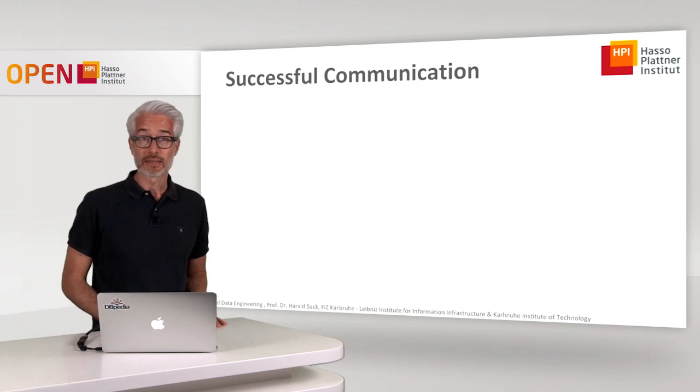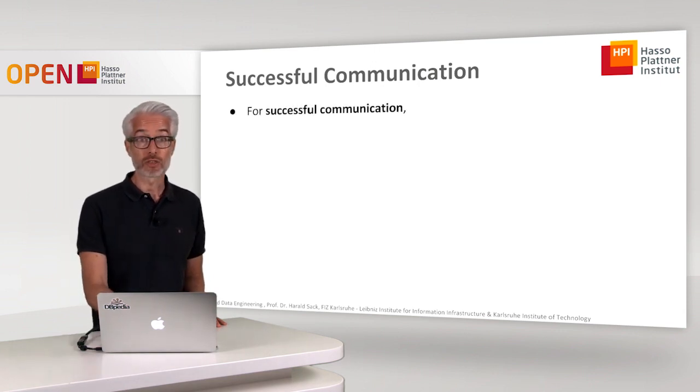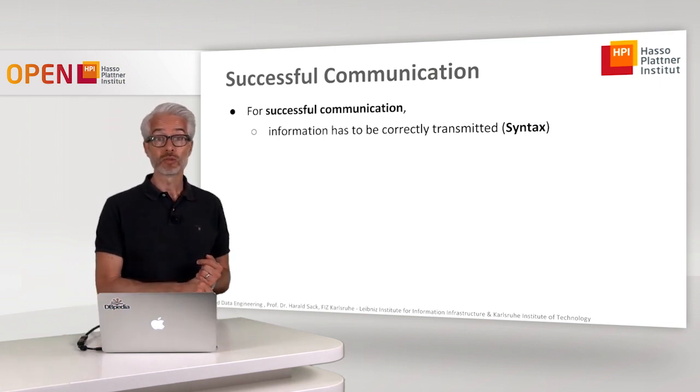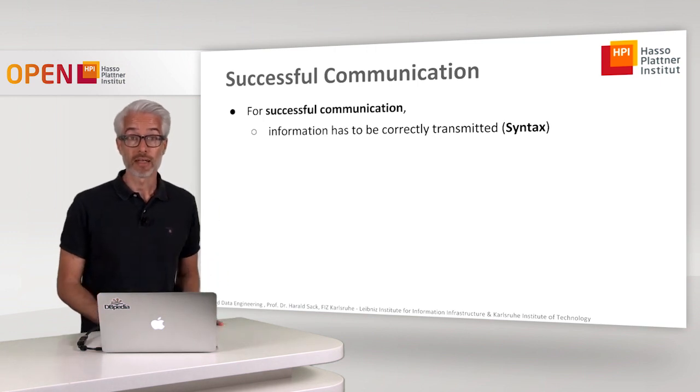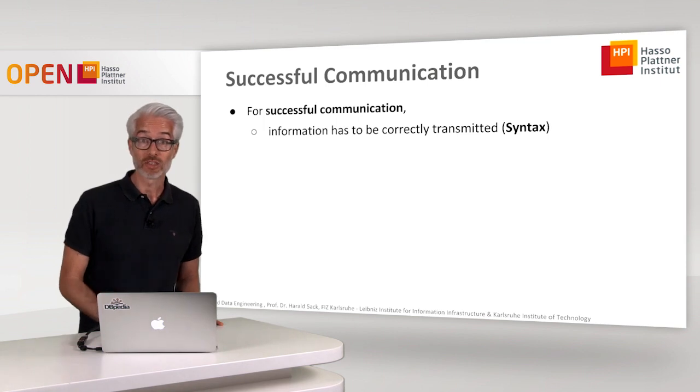How does successful communication happen? What do I need for successful communication? First, the information has to be correctly transmitted. So I have to take care to form correct sentences or correct messages.